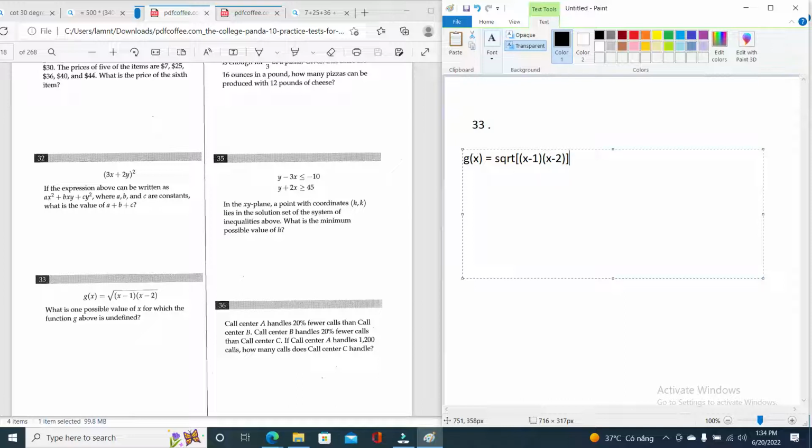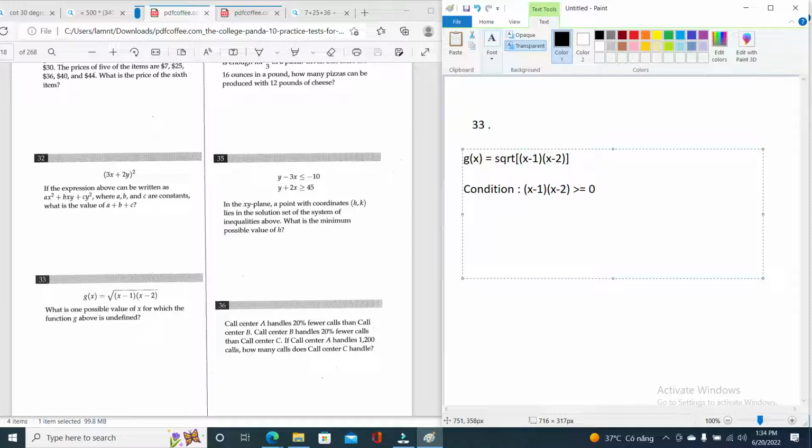So the condition for the square root to be meaningful is that whatever is under the square root has to be bigger or equal to 0.